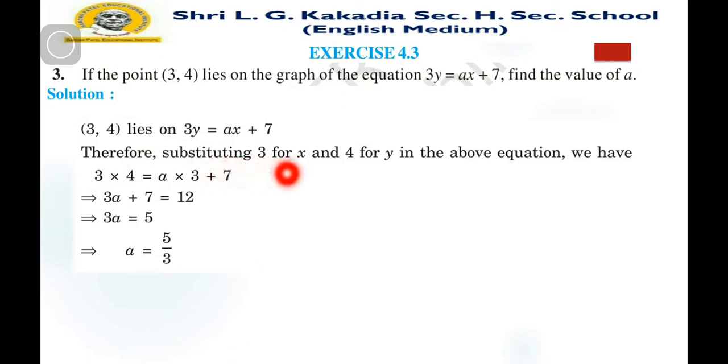Therefore, substituting 3 for x and 4 for y in the above equation, we have 3 into 4 is equal to a into 3 plus 7. Such that 3a + 7 = 12. Then for 3a, we move 7 to this side, then we get 12 minus 7, that is 5. And hence a = 5/3, which is the required answer.